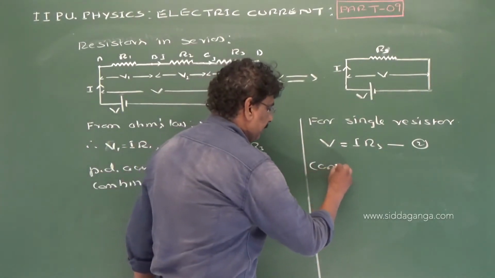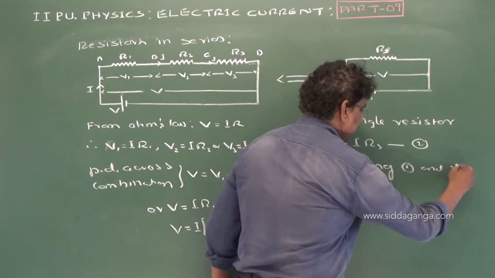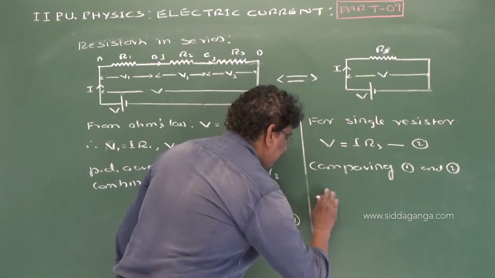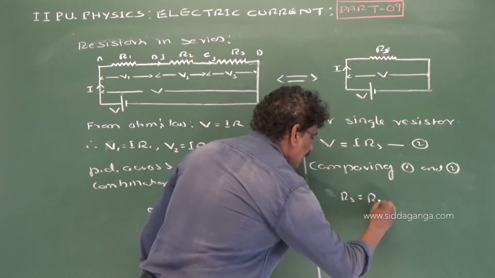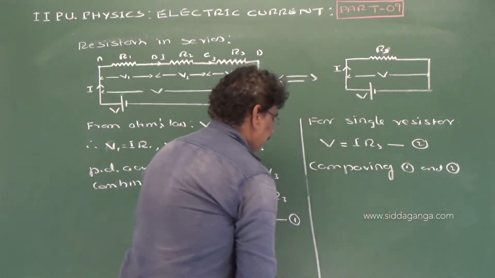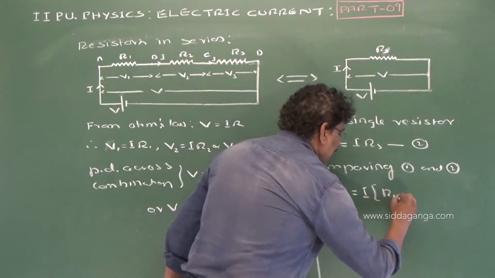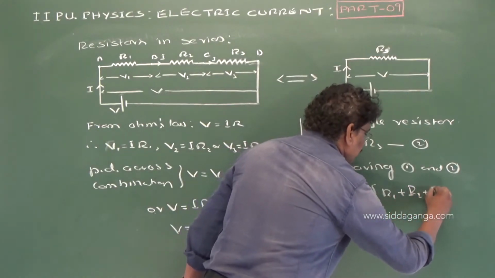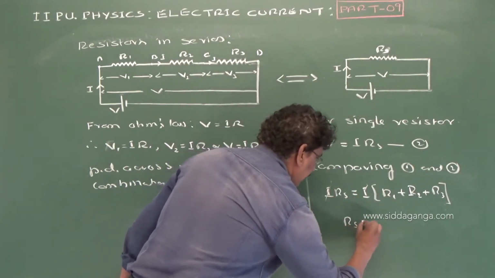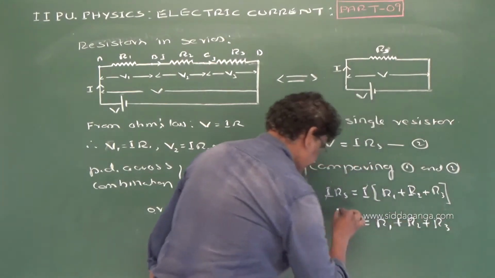Now comparing equation 1 and equation 2, we get I into RS is equal to I into R1 plus R2 plus R3. So on both sides I gets cancelled. Now we have RS is equal to R1 plus R2 plus R3.